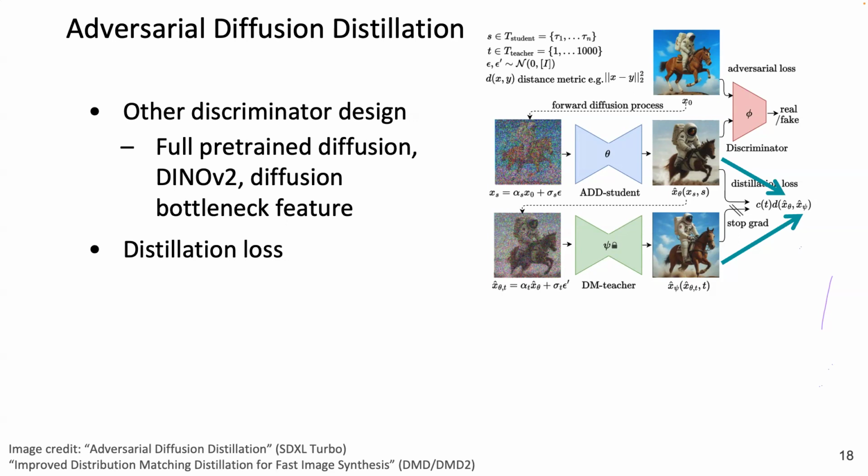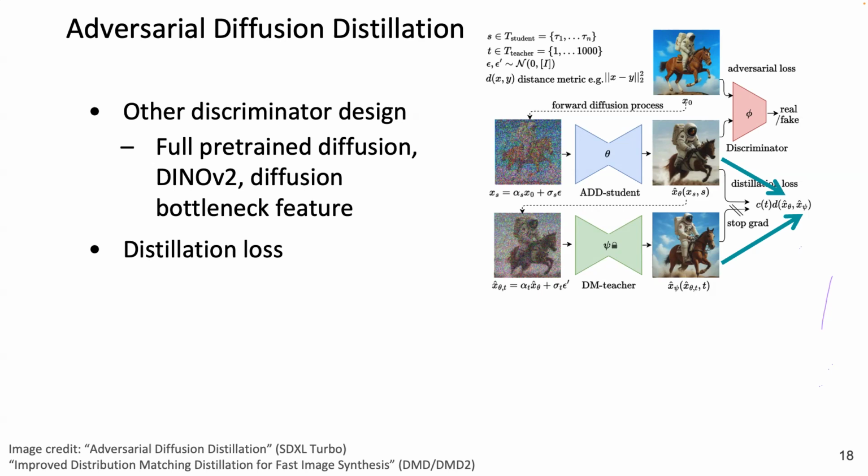If we look at the two images pointed to by the arrow in the second row, this x theta hat is the student's generation. So when we later do inference, this is the actual image we get with one step. The objective is simply to update the parameter theta of the student model so that this image can have better quality. This is done by having another teacher model that is frozen.